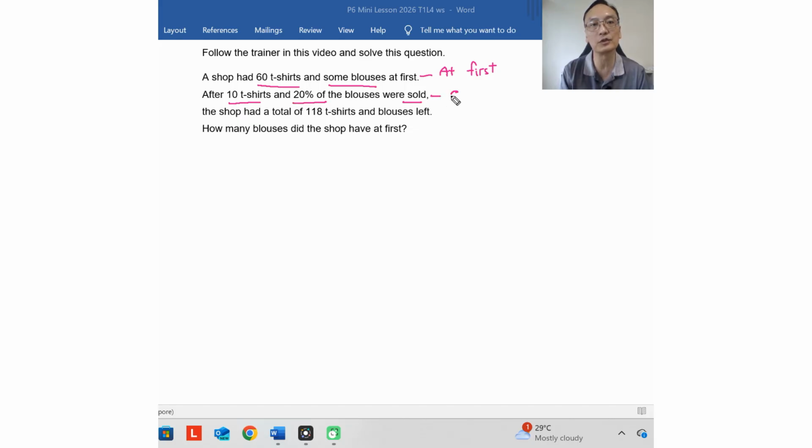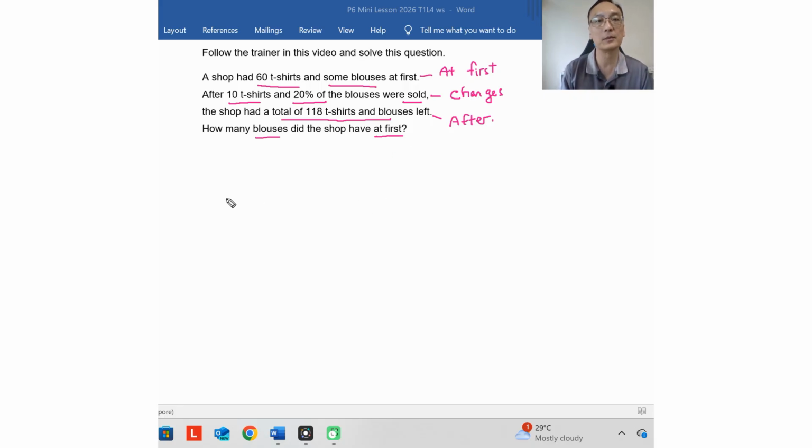So here are the changes. The shop has a total of 118 t-shirts and blouses left. So here is the information after the change. And we need to find how many blouses the shop had at first. So we have all this information now.